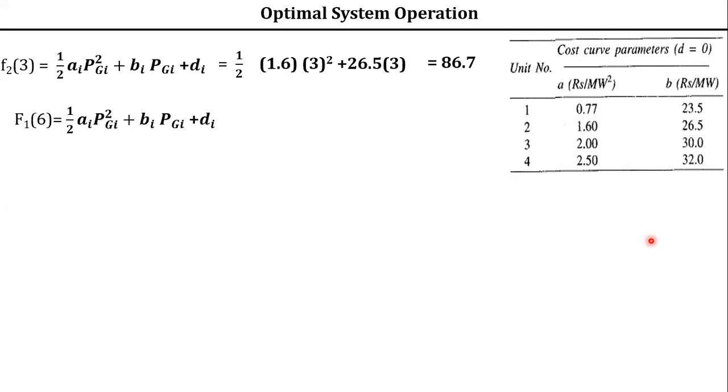Because according to this table, for each unit there are different constants, like A and B, for each and every unit. So for optimal operation, we can get some more values.